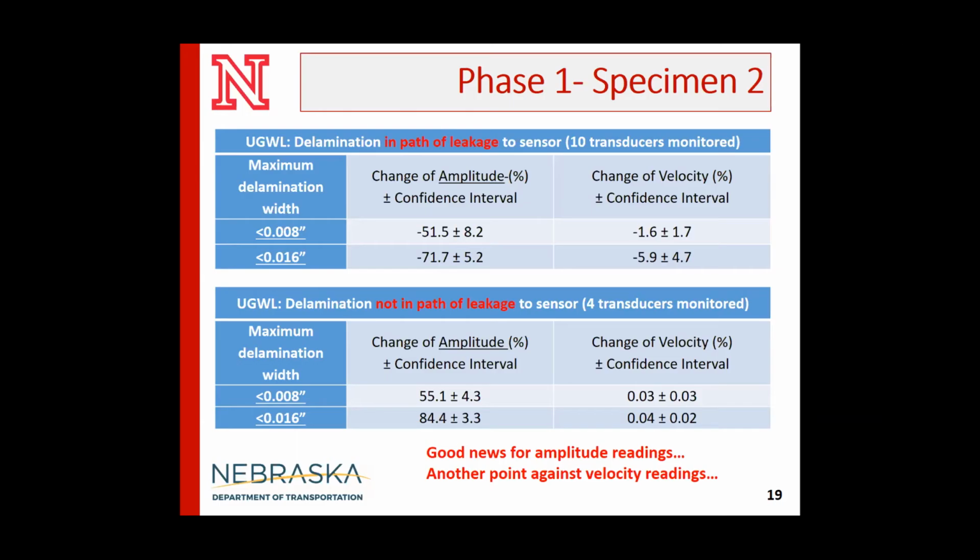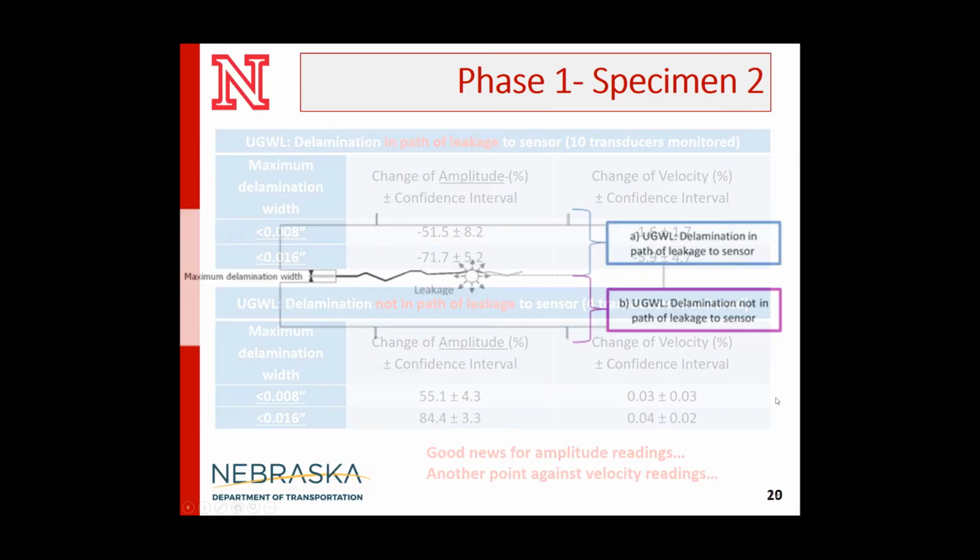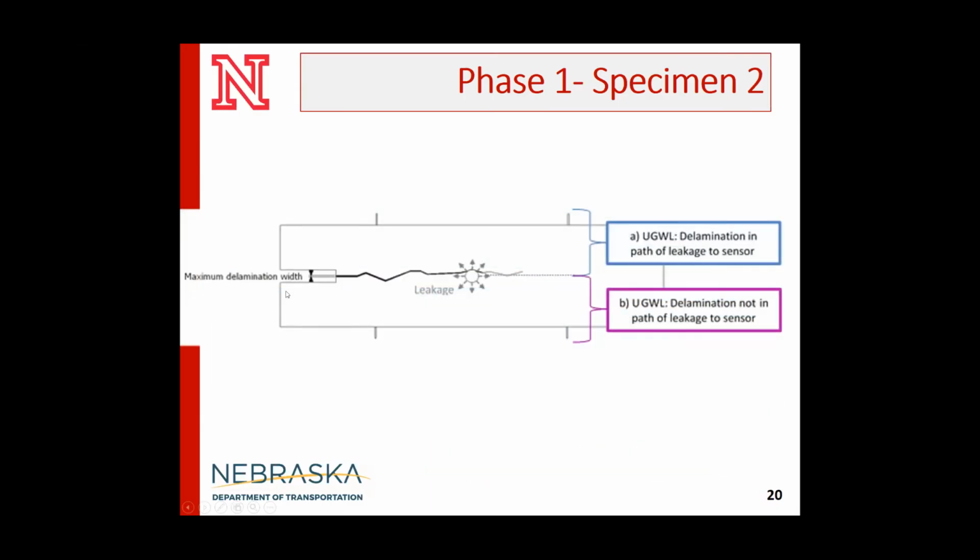And the two tables, top and bottom, that is in path of leakage, not in path of leakage, bring up another potential complication, or nuance, I should say, in that if your delamination is in the path of your leakage to the sensor, you would see a different result versus not.